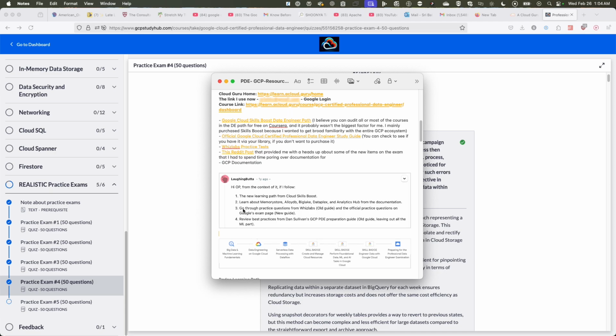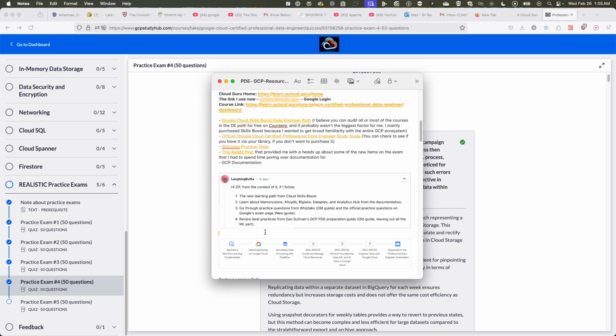Also, as this particular Reddit user said, they actually added some extra questions in the new curriculum, like Analytics Hub, Dataplex, BigLake, AlloyDB, and Memorystore. These are the new syllabus topics added in the new question base.